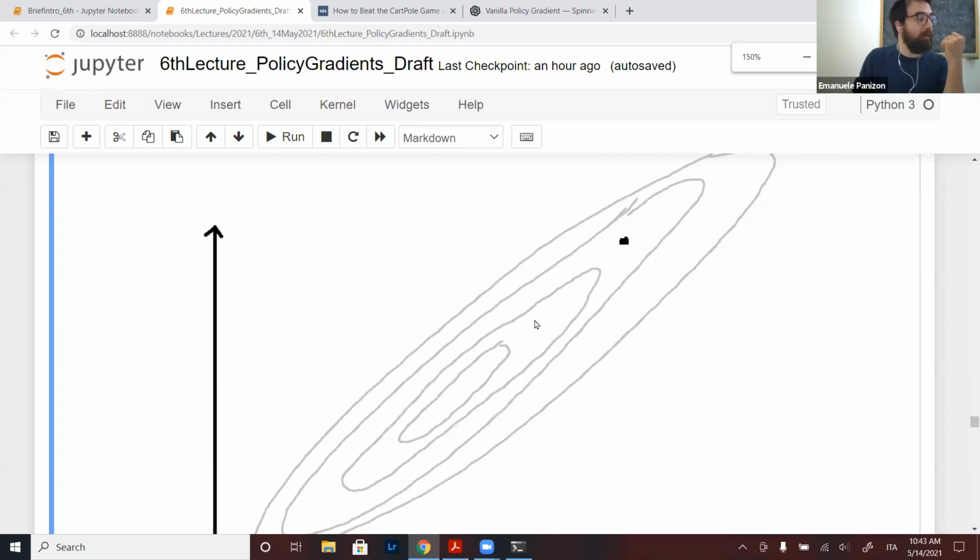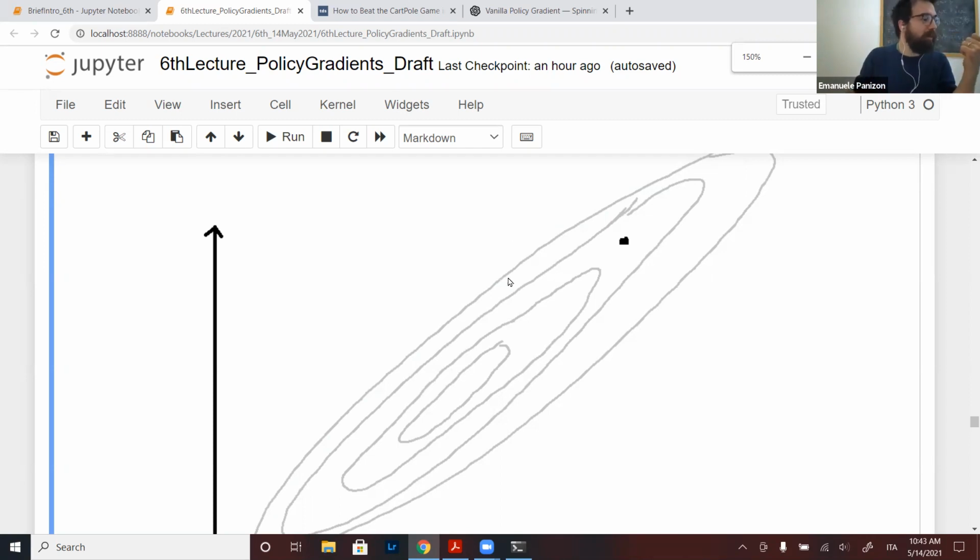What has true meaning is the probability of taking an action. If I change all my theta by a constant amount, we have seen that the policies are the same, but it costs a lot in distance. But that price I am willing to pay.